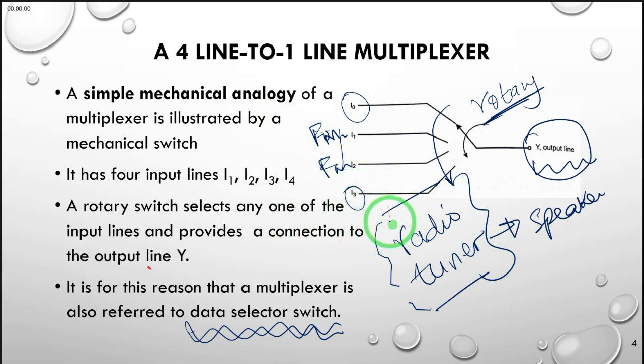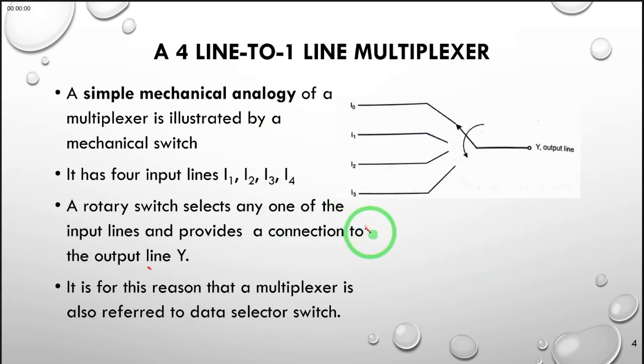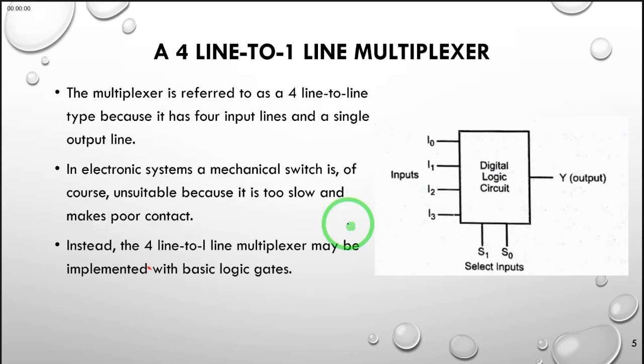The digital multiplexer works in a similar manner, such that it has multiple input lines that may be connected to one output line, and the output line receives the signal coming from that one single input line. Our 4-line to 1-line multiplexer may be illustrated as shown by this diagram.